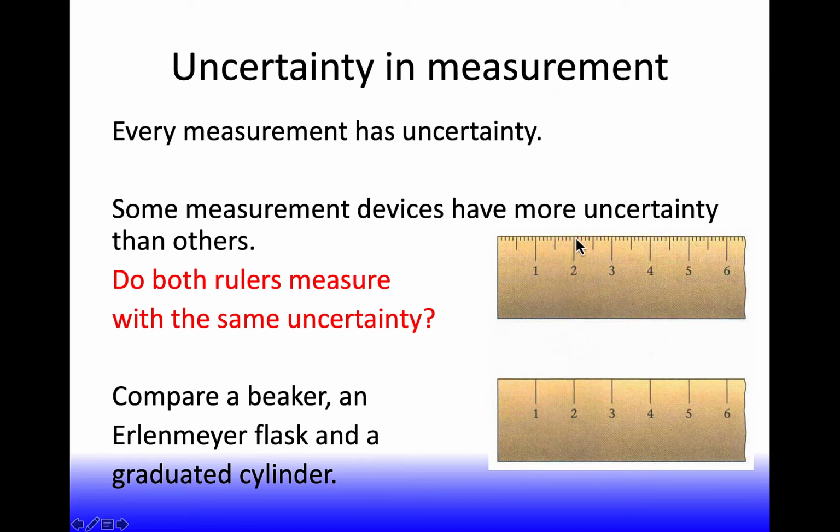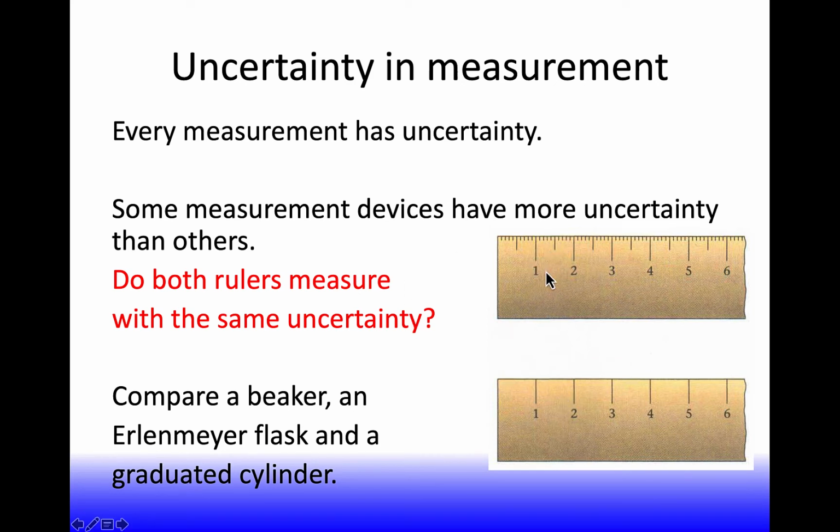So that's why I said 1.73, that last digit is a guess. Here on the bottom one, it's roughly 1.7, but it could be 1.8, might be 1.6. So you only have 2 digits there that are considered significant figures. 3 digits versus 2 digits.